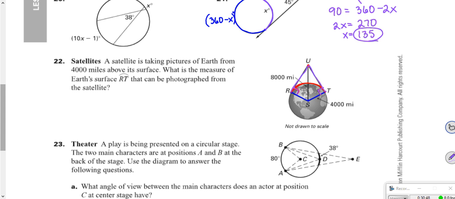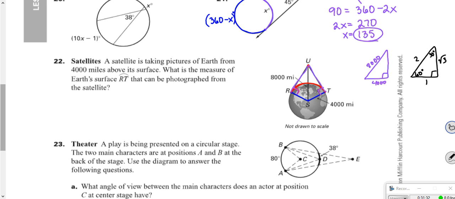Now, what they're saying then, if I cut one of these triangles and pull it out here, that this is 4,000, and they're saying that this length is 8,000. Well, if you remember, we had a triangle where this was a 1, this was a 2, this was a √3, and we don't really need to know that length, so it doesn't matter, but that's a 30, 60, 90 triangle. This was one of our common right triangles that we used in some of those trig functions, 30, 60, 90.